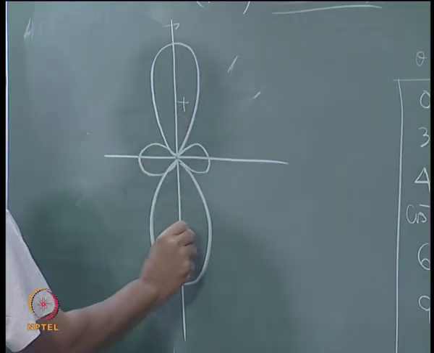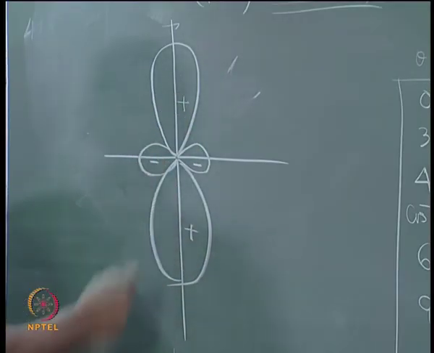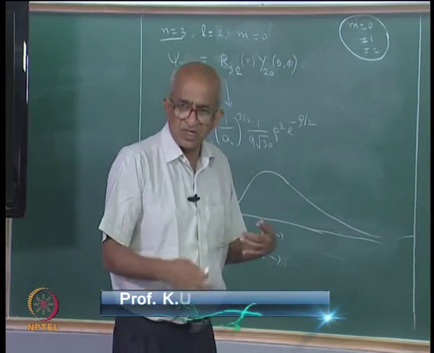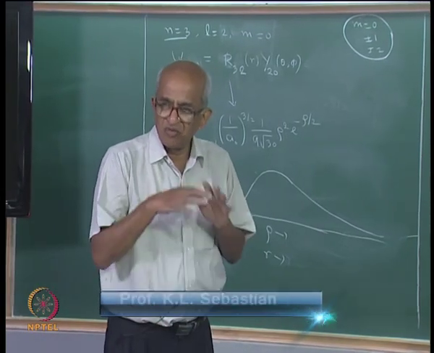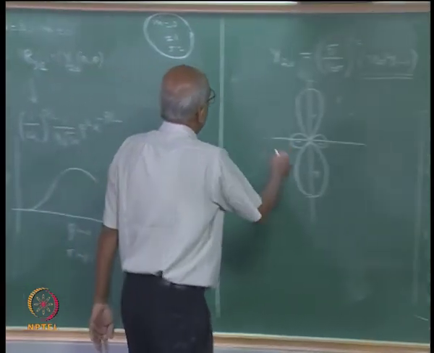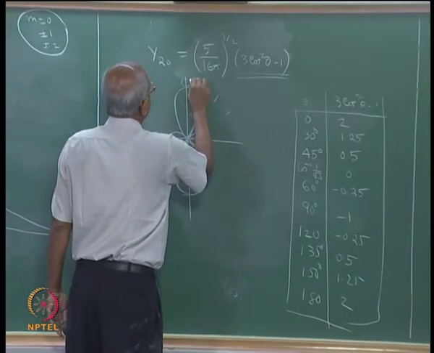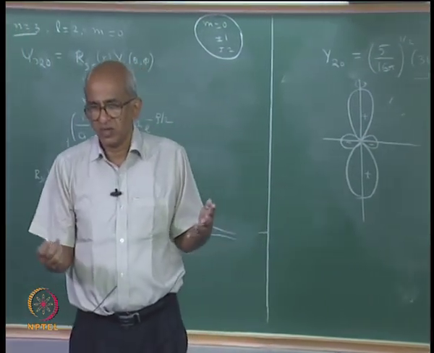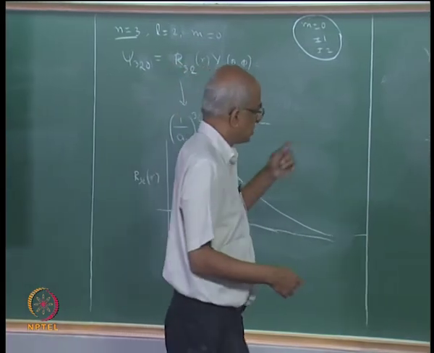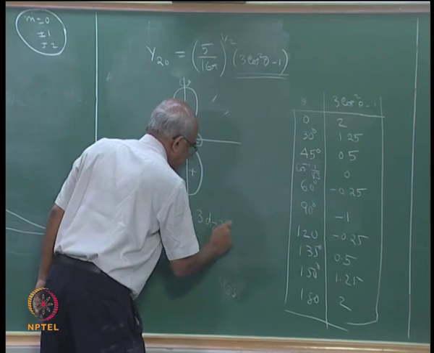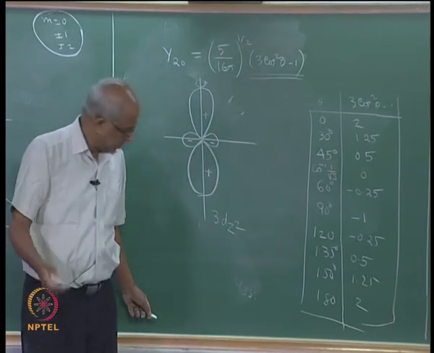So, the function is positive in these directions, and in these directions the function is negative. Further, you should notice that the function has no phi dependence, and therefore, if I wanted to get the 3 dimensional appearance, all that I need to do is take this and rotate it about the z axis. I will continue discussing this orbital in the next lecture. This is referred to as the 3D z square atomic orbital. So, thank you.